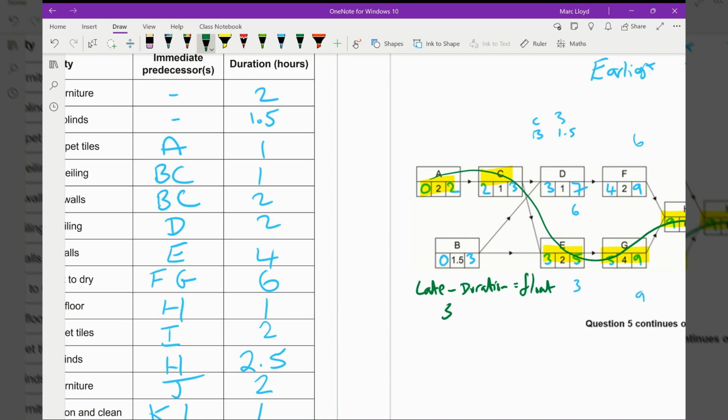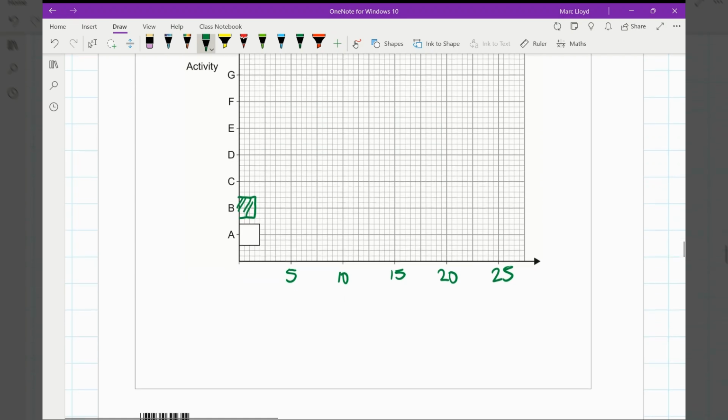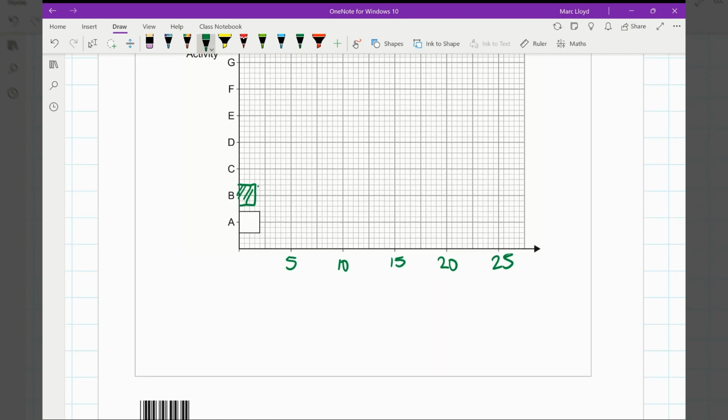So 3 minus 1.5 equals 1.5. So this has got a float time of 1.5, meaning that they've got 1.5 hours where they can play with that. And that means that the float time goes to there. And they want to see this on this Gantt chart.